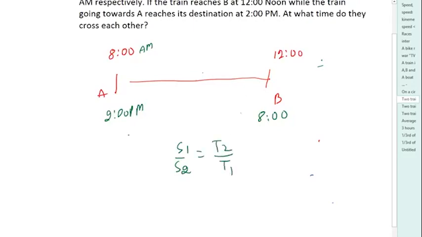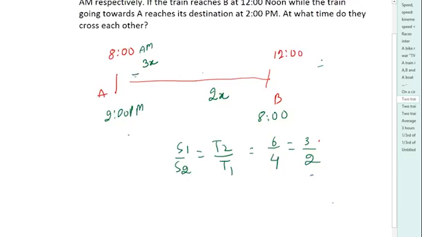Since the one from B to A takes 6 hours, the ratio becomes 6 by 4 or 3 by 2. So the ratio of speed of the train going from A to B and B to A is 3:2. If the train going from A to B is traveling at 3x, the train going from B to A will be traveling at 2x. Makes sense? Lower speed for the train which takes higher time in the same ratio.